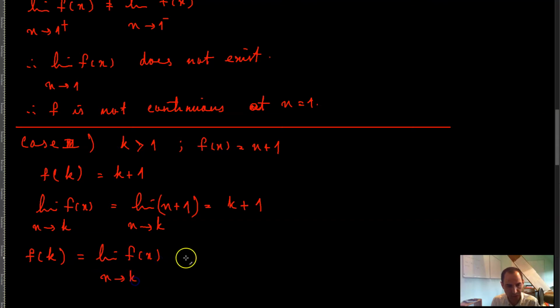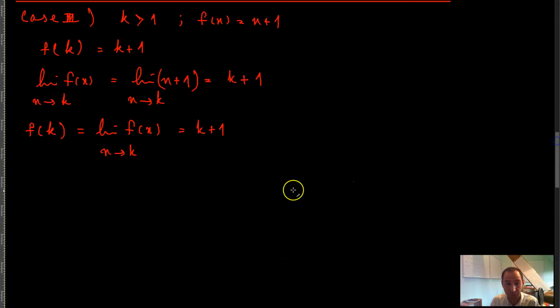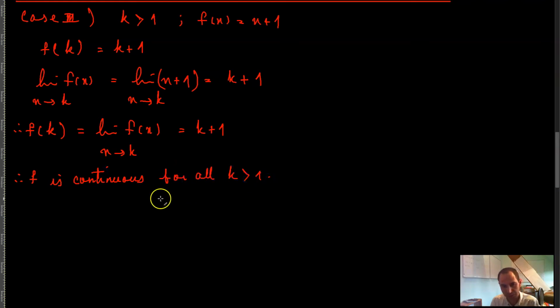And therefore f of k is equal to the limit of f of x as x tends to k is equal to k plus 1, and therefore f is continuous. f is continuous for all k greater than 1.